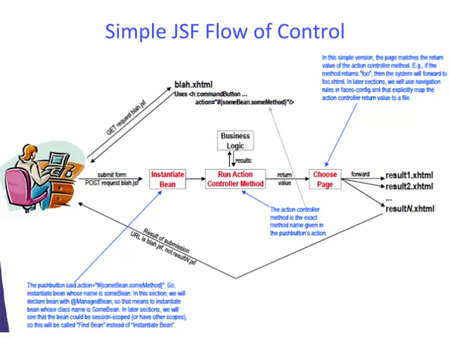Notice it will have the JSF extension, and the framework will then carry out the instantiation of the backing bean, and carry out the action based on the return value of the bean. The navigation will take place, and depending on the output, this is the page that is going to be shown to the user based on the outcome of the execution of that bean object.